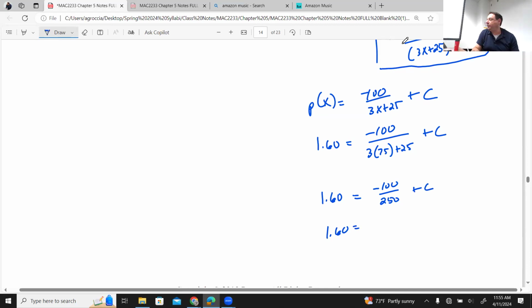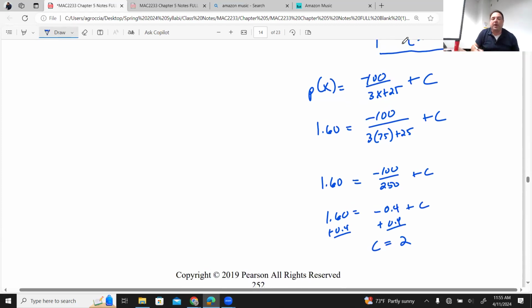Negative 100 divided by 250 is negative 0.4. So if you add 0.4, add 0.4, c equals 2. So now I figured out what c is. Now I can give you your complete price function. It's negative 100 over 3x plus 25, plus 2, and we found that c is 2.